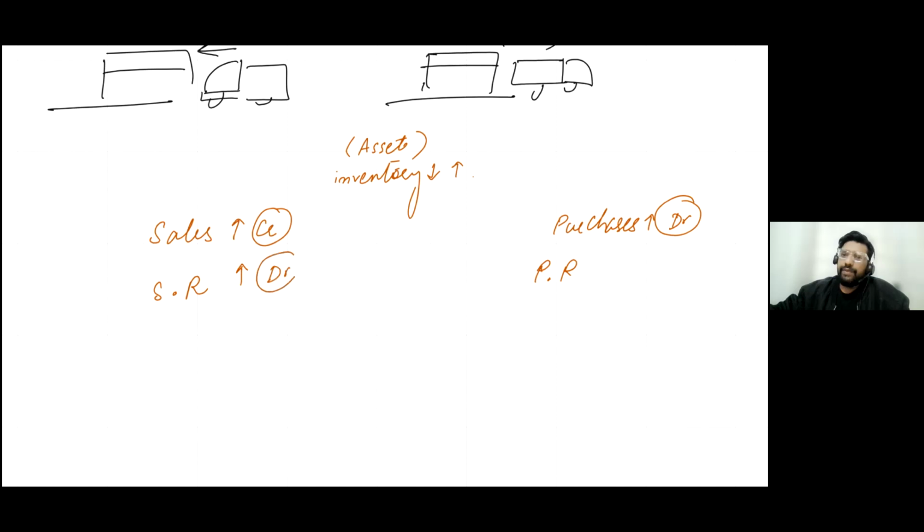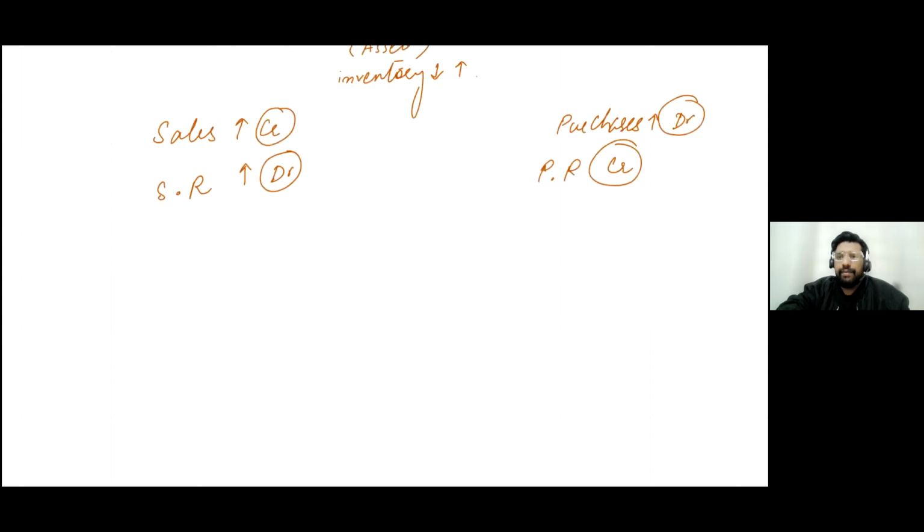And when I'm doing purchase returns, it means I purchased some of the stock and now I've returned it. So my inventory is decreasing, so I'm going to credit it. Sales always credit, purchases always debit. Sales return always debit, purchase return always credit. Right. Let's try some double entry bookkeeping.